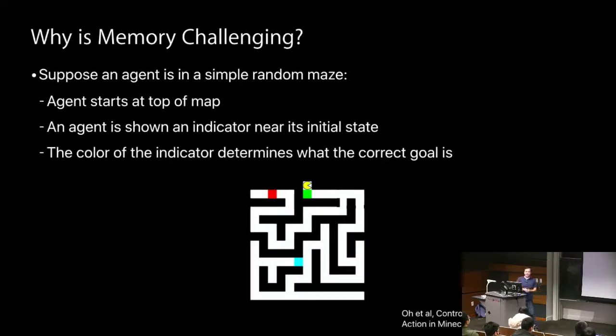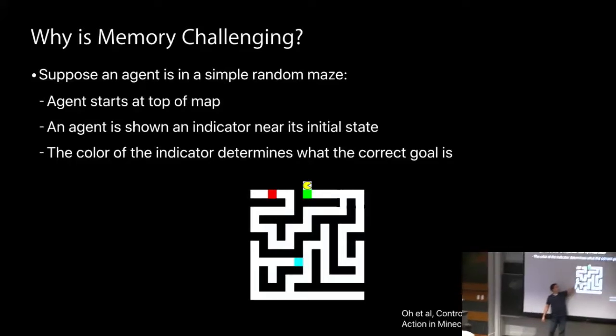Here's a very simple example, but it illustrates why this is a challenging task. Suppose an agent sits in a simple random maze. You see the agent over here, and somewhere near the start of the state, the agent sees an indicator. The color of the indicator determines which goal the agent has to navigate to, either here or here.